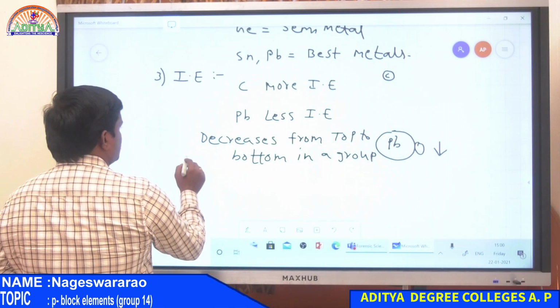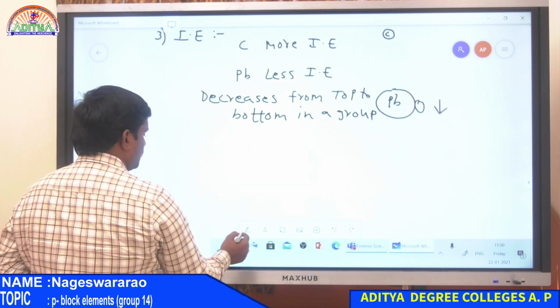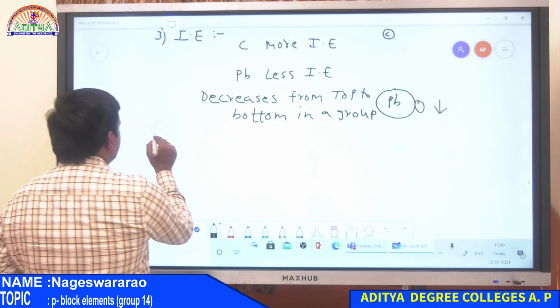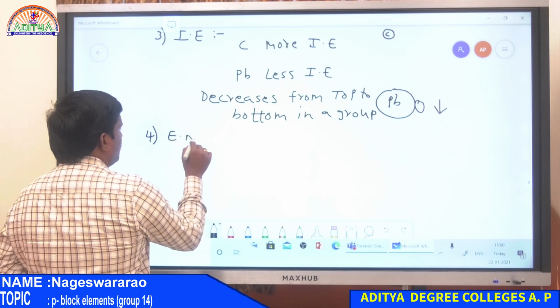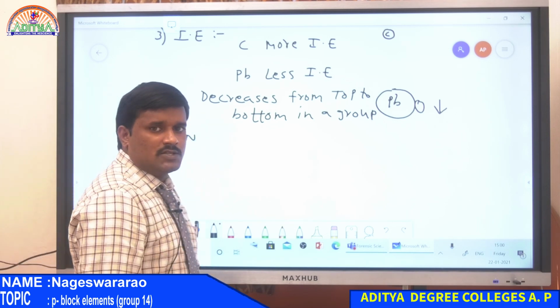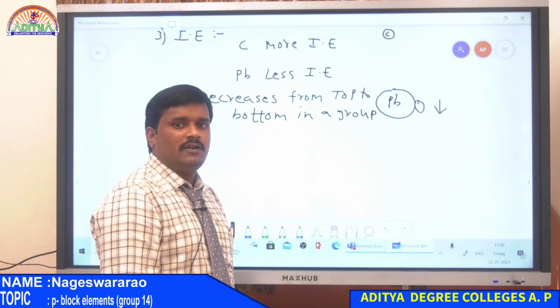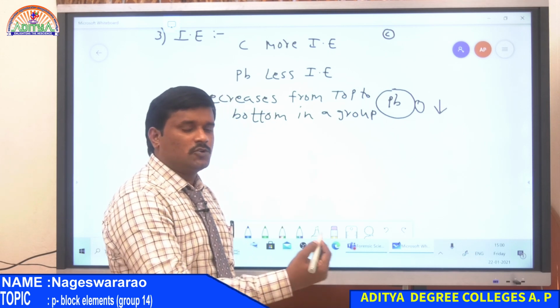And then the next one is electronegativity. Electronegativity values always decrease from top to bottom.